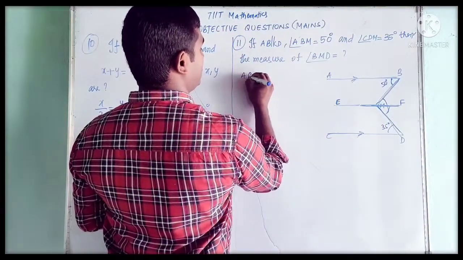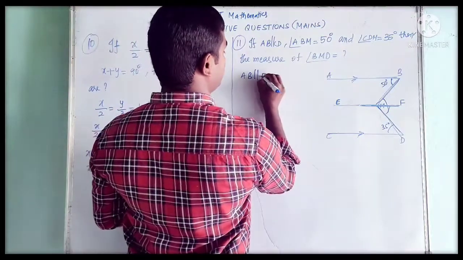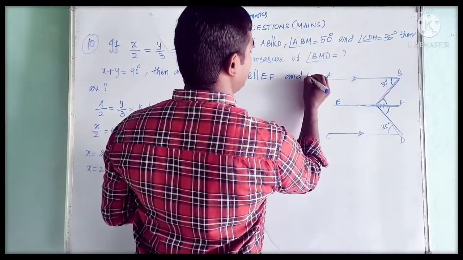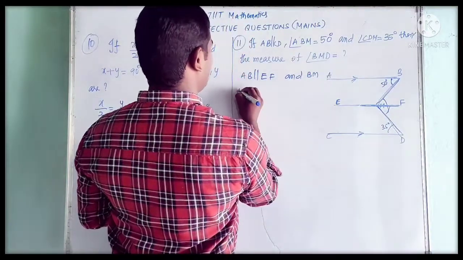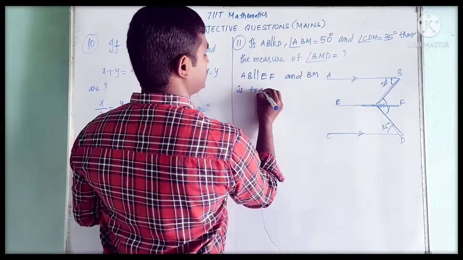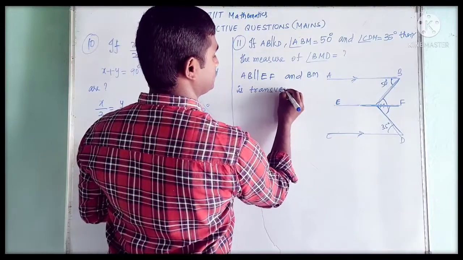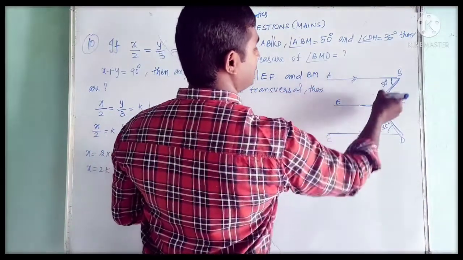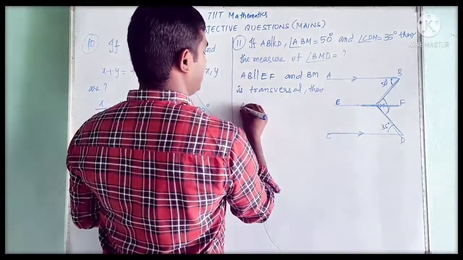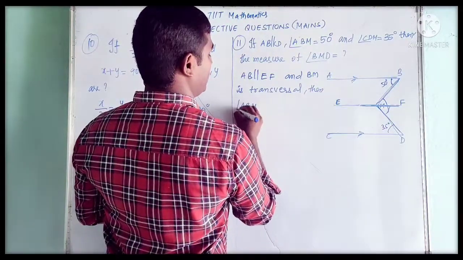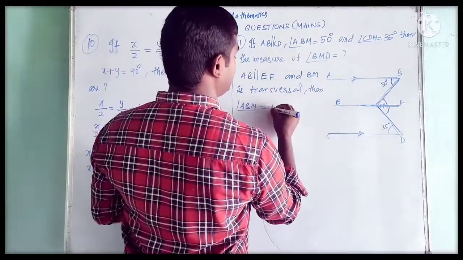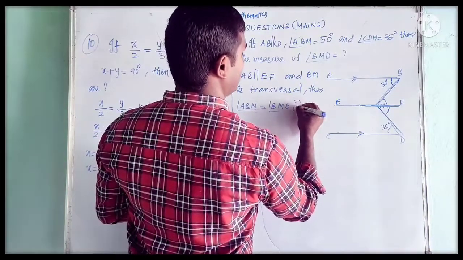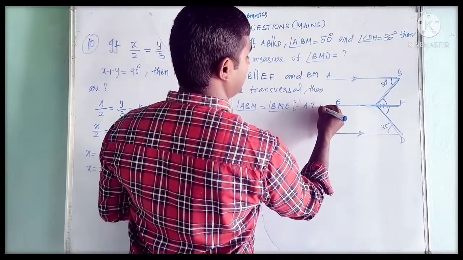AB is parallel to EF and which is the transversal? BM is the transversal line. Then if BM is a transversal line, then angle ABM equal to, we can write, angle BME, because alternate interior angles.